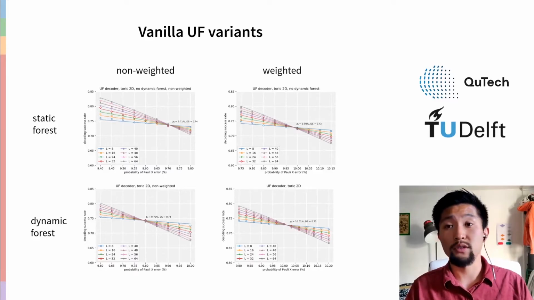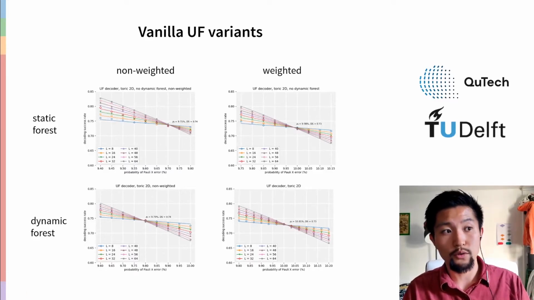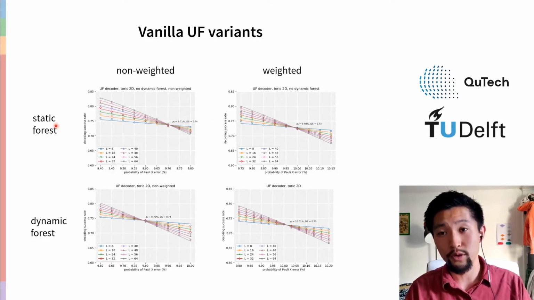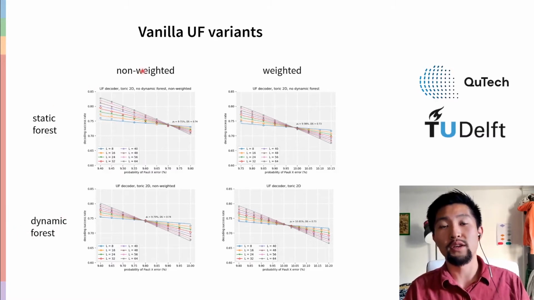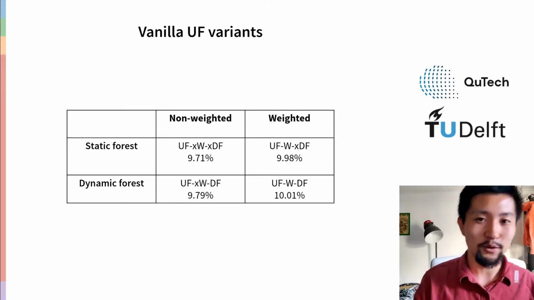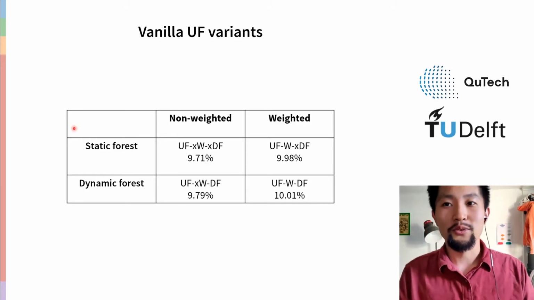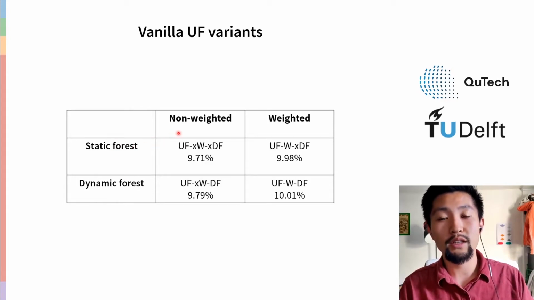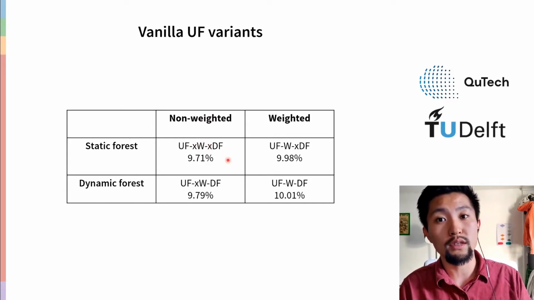So we now have several variants. We made variants without these dynamic forests, so we have this static forest, which was in the original implementation, and our dynamic forest implementation. We have the non-weighted and the weighted one, and these all have different threshold values. So let me simplify this in a table, which is a little bit easier. Remember that the static forest is the original implementation, and let's call the non-weighted variant the unified non-weighted non-dynamic forest.